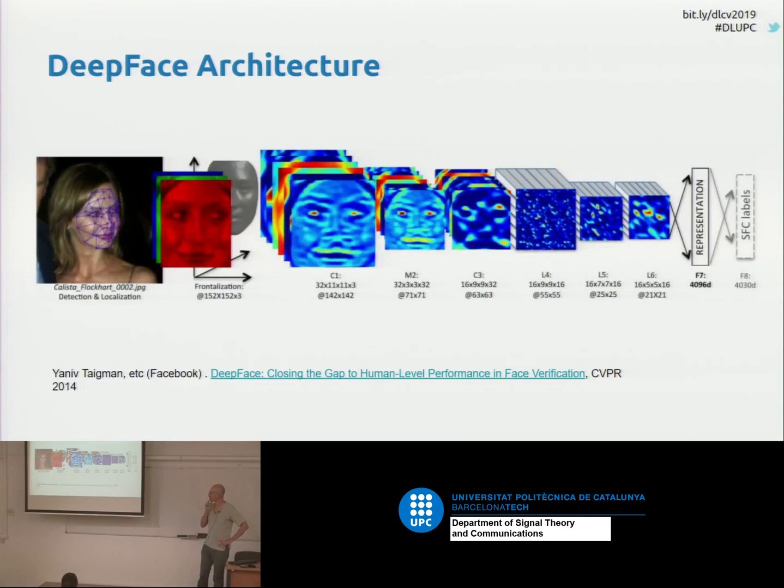So let's start with the DeepFace architecture. Okay, it's a work from 2014, created at Facebook, and it's a convolutional neural network with a particularity that some of the filters are not purely convolutional, but what is called locally connected layers, a special kind of convolutional layer where the weights are not the same at every position.